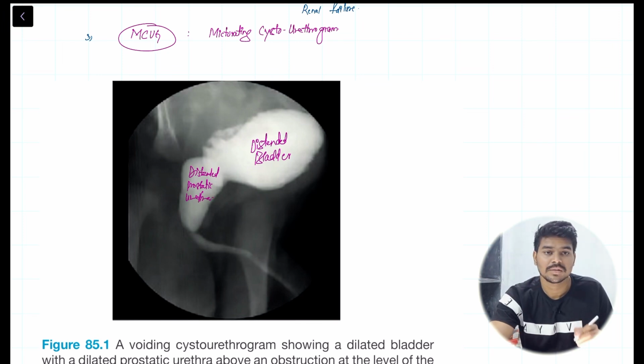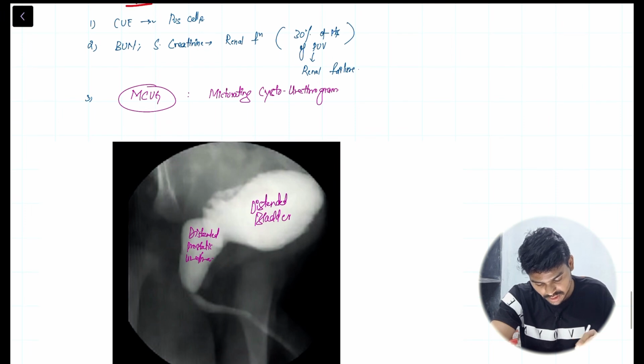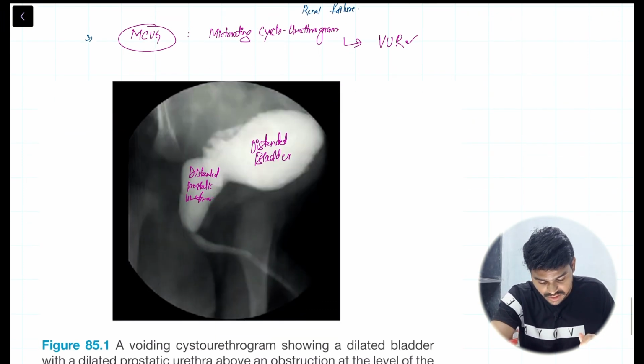So in micturating cystourethrogram, you will find a distended bladder and distended prostatic urethra. And if there is associated vesicoureteric reflux, you will also find vesicoureteric reflux in the micturating cystourethrogram.